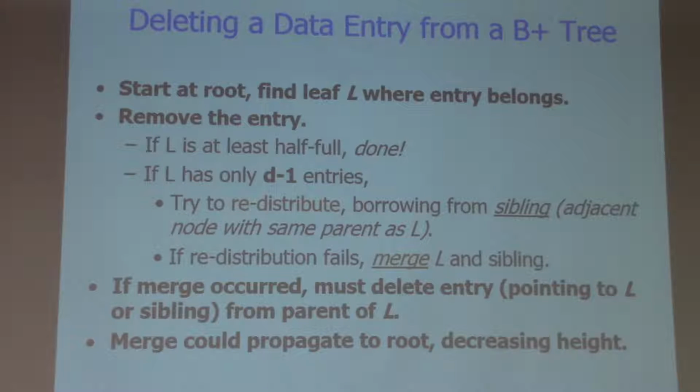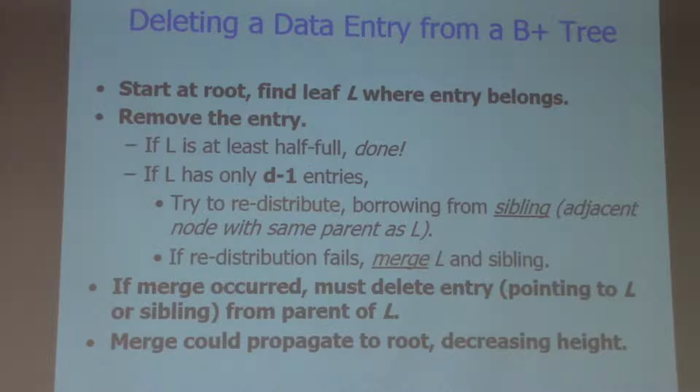Now, for deletion, the major challenge is to ensure that a given page is not going to be underutilized. By underutilized, I mean the number of entries in a page is less than d, the order of the tree, less than half of the capacity of a given page. When that happens, we say that the tree is underutilized.